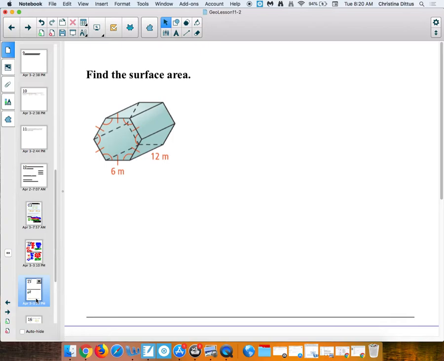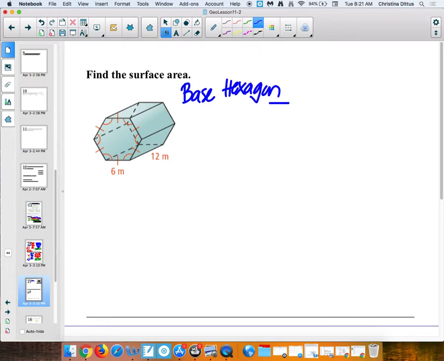Alright. Surface area of this one, what shape is my base? A hexagon. So it's half base height times the amount of sides.